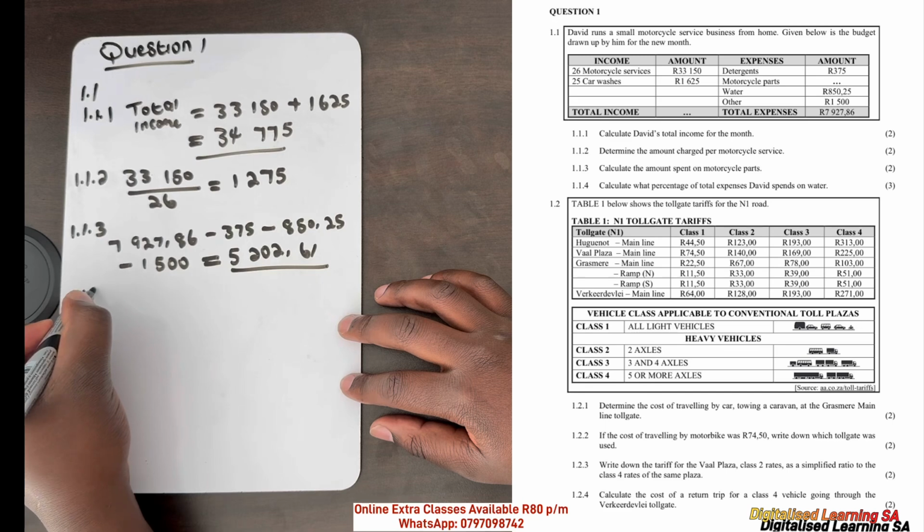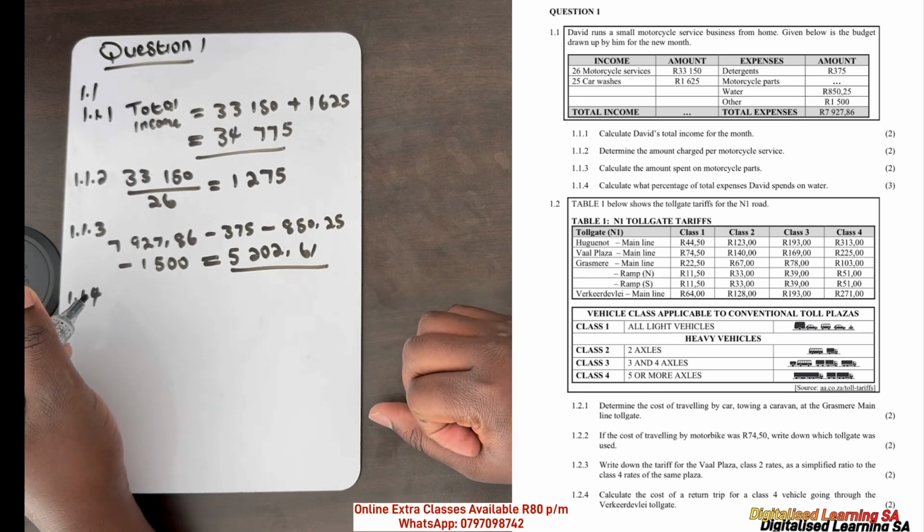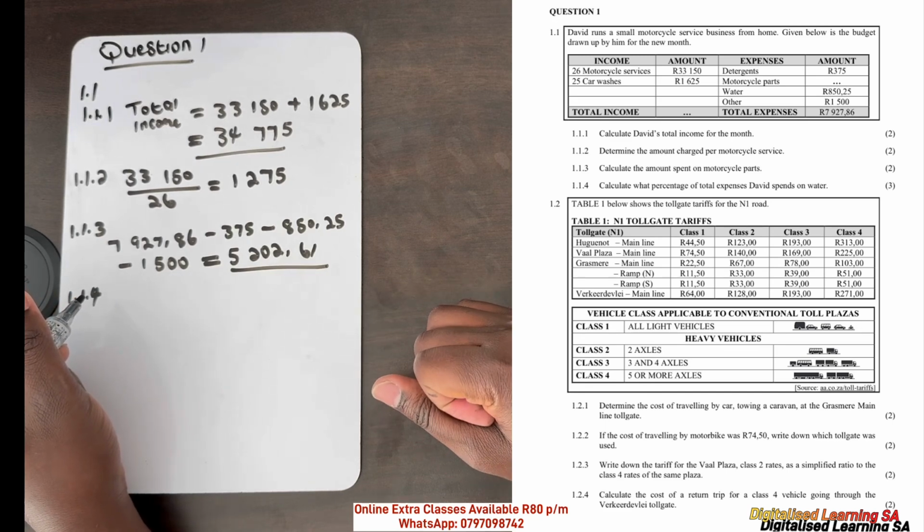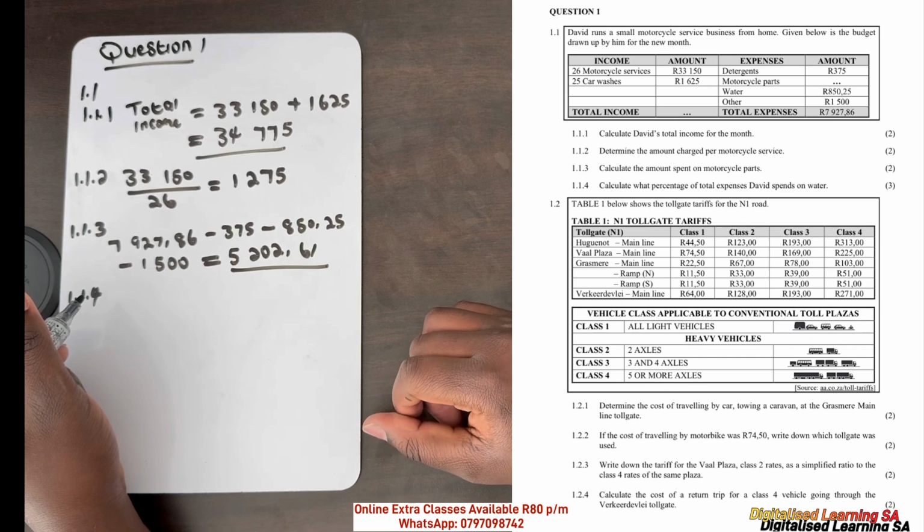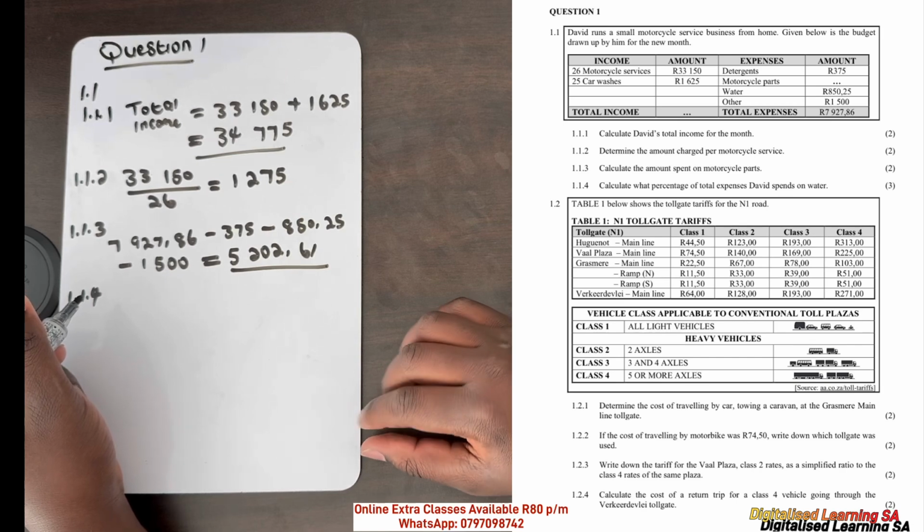Okay, so now let's move to question 1.1.4. It says calculate what percentage of total expenses David spends on water.